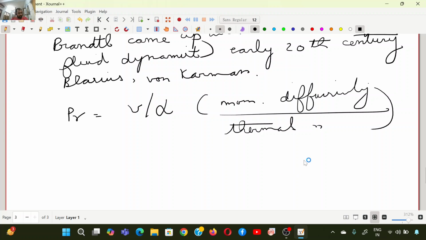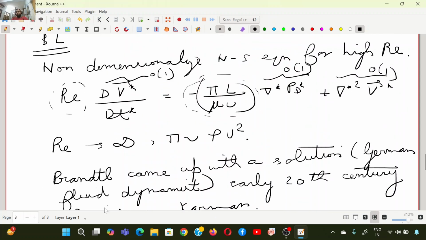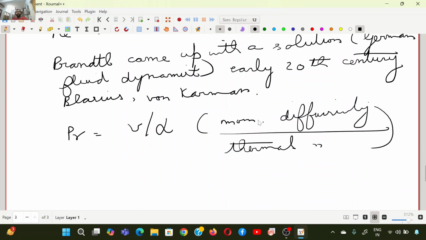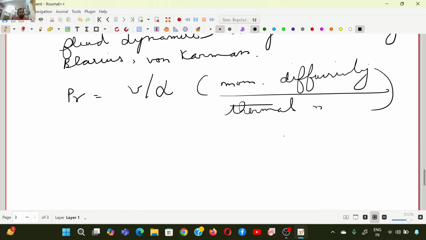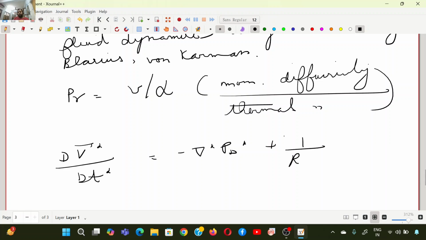Okay, so what Prandtl told was that instead of doing it like this, because in this case it is reduced to a first order equation and you can't satisfy two boundary conditions, write this equation in this kind of form: dv star by dt star is equal to minus del star p star plus 1 by Reynolds number del star squared v star.